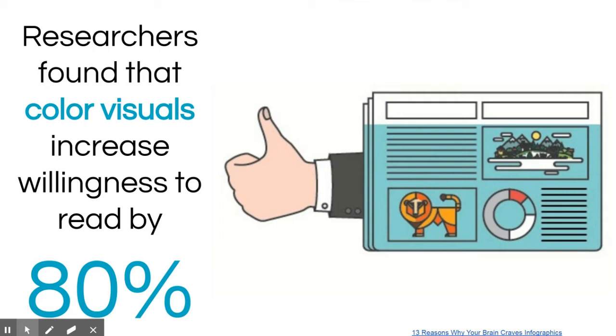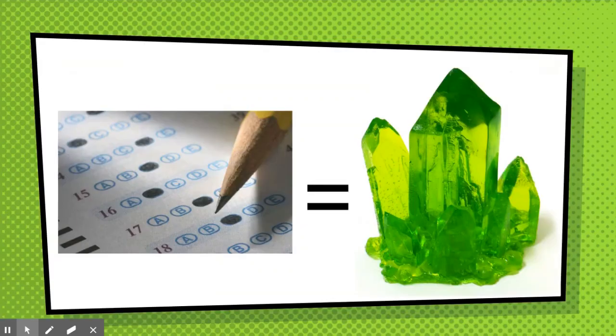Your use of intentional colors, memes, and video is going to support teaching and learning in the digital age. Even thinking about color visuals, not to overwhelm, but pulling in infographics, those are great ways of chunking information for our students.